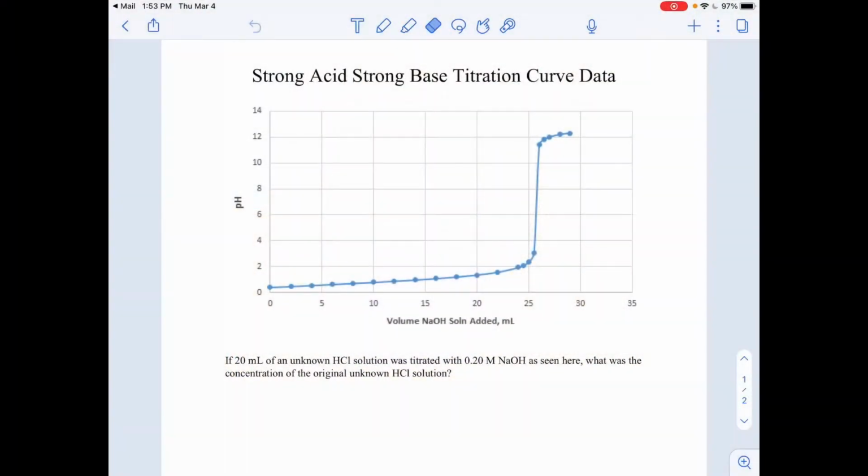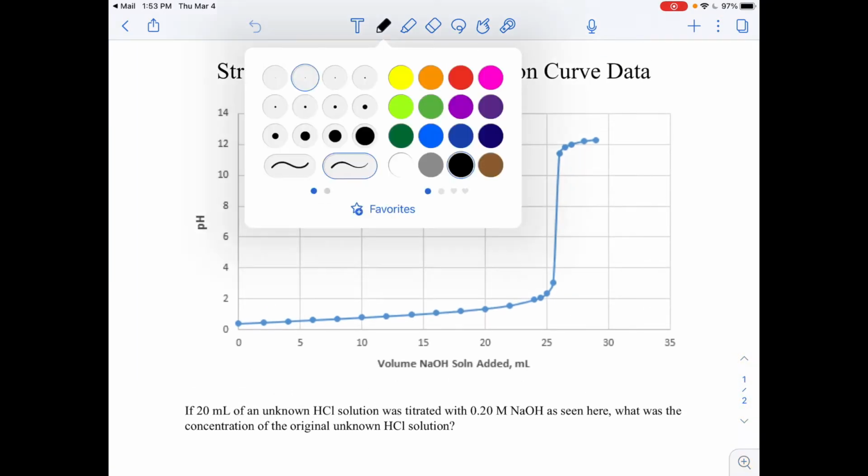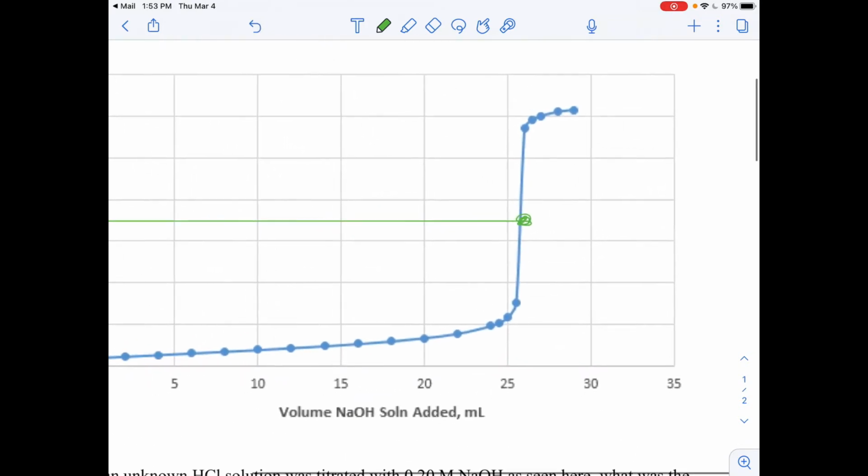So this here is a look at the representation of the data that I collected. What we can see is that with a strong acid, strong base situation, you are going to see the equivalence point at a pH of 7. And sure enough, that looks to be pretty close here to the inflection point of our curve.